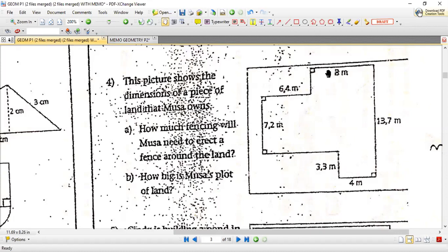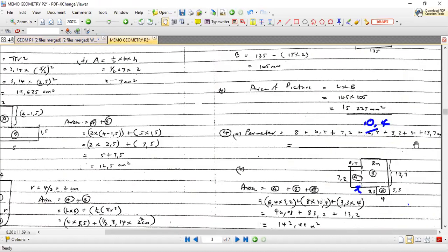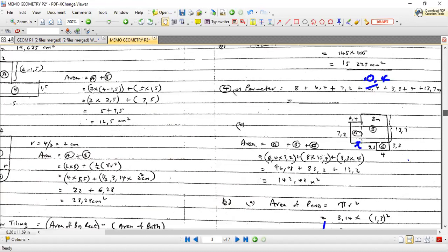So from here to here, it will be 4 meters added to 6,4, which will be 10,4 meters. So it's 8 plus 6,4 plus 7,2 plus the 10,4 plus 3,3 plus the 4 plus 13,7. I'll leave you to add those dimensions and calculate the perimeter.